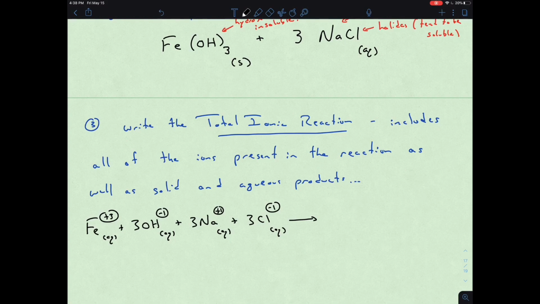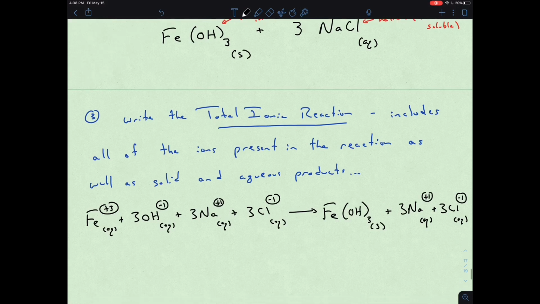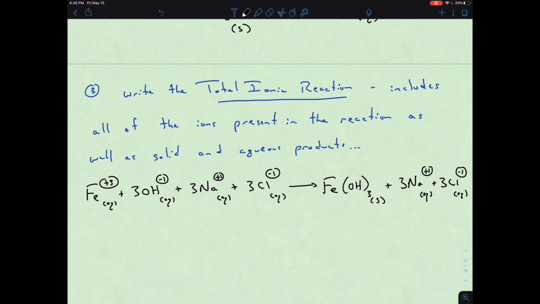Realize that we really had started with ferric chloride and sodium hydroxide. But we end up with ferric hydroxide as our solid product. And then we also have 3 of these sodium ions as well as 3 of the chloride anions that are still aqueous. So that is the total ionic reaction, writing all of the materials there.